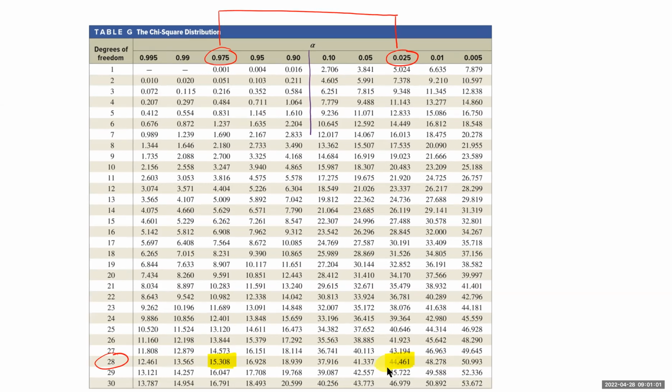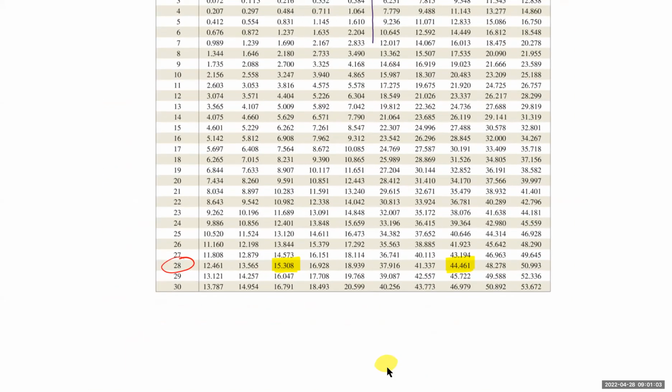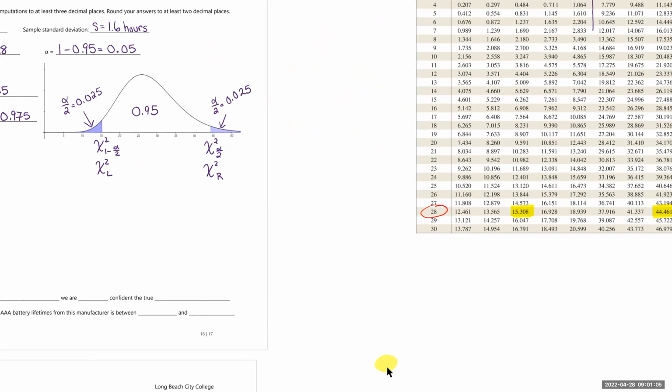All right, so let me add those to the picture. So this is 15.308 and 44.461.